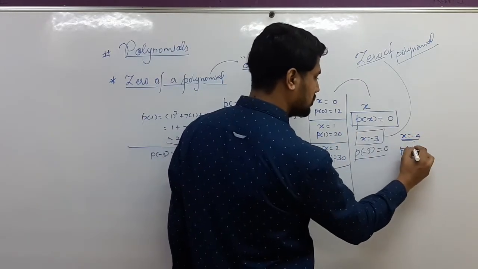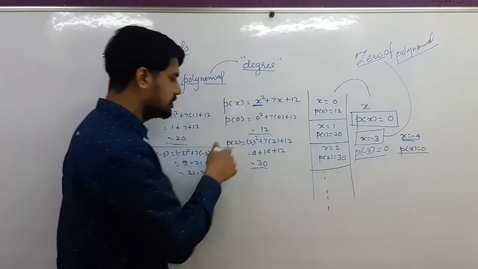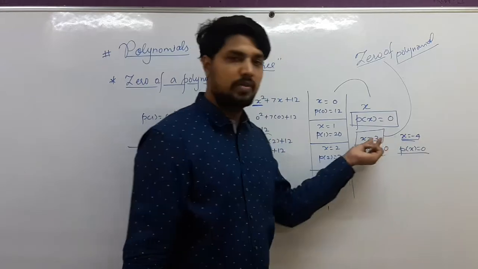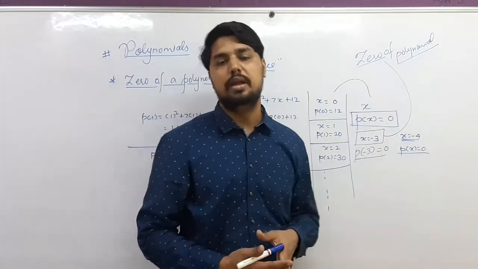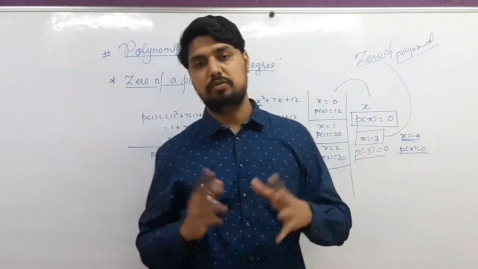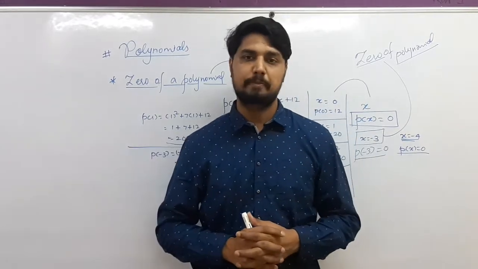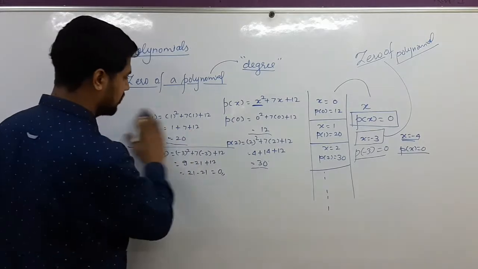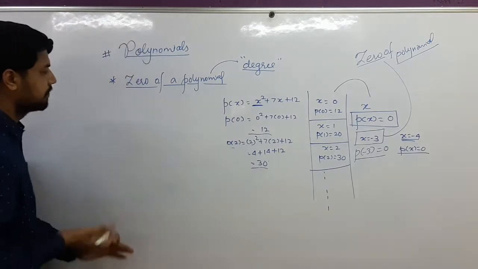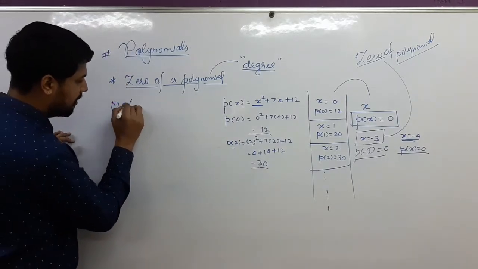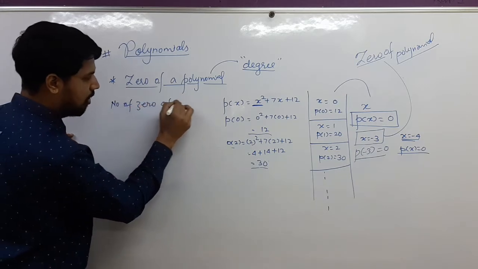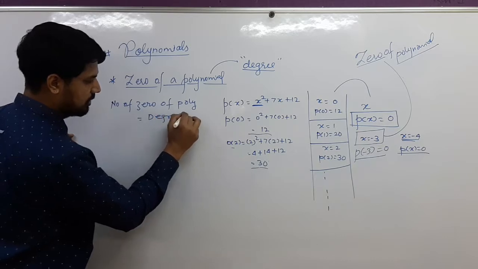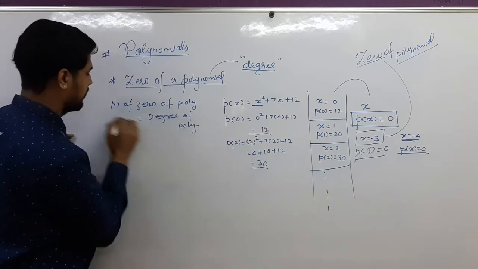For -4 also the polynomial value is 0. You can check, you can solve it. So we got two zeros. Apart from these two values, no other value of x will give you answer equal to 0. Is it clear? Keep this in mind. Please note it down: the number of zeros of a polynomial is equal to the degree of the polynomial.